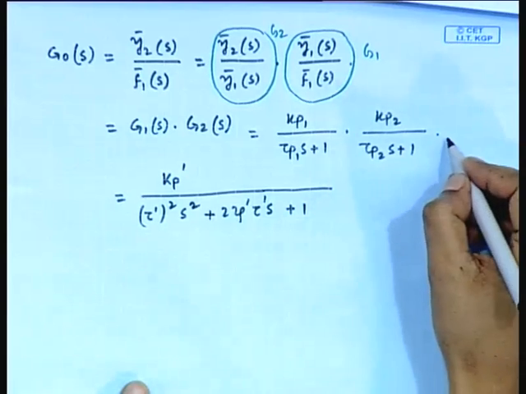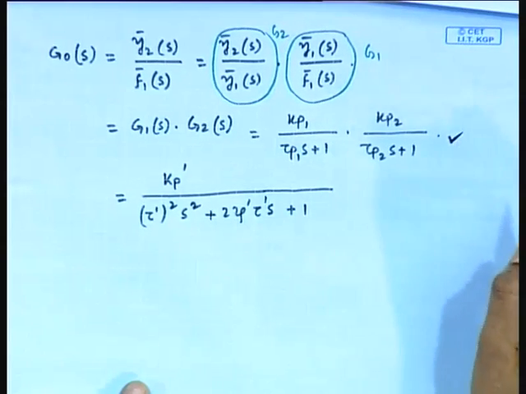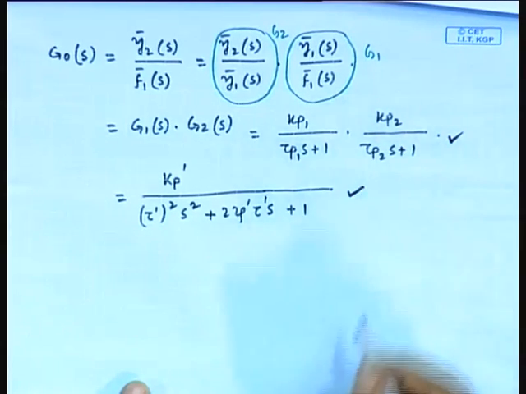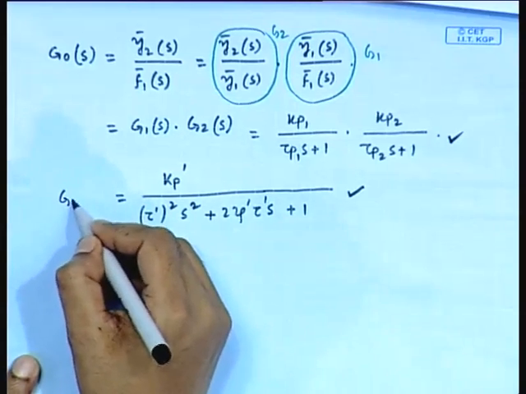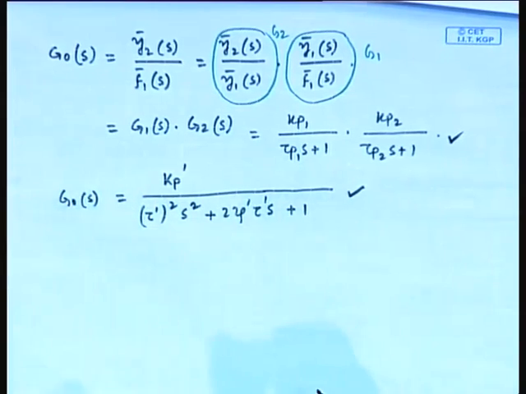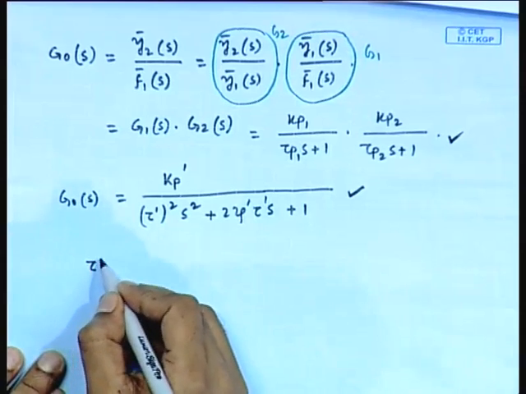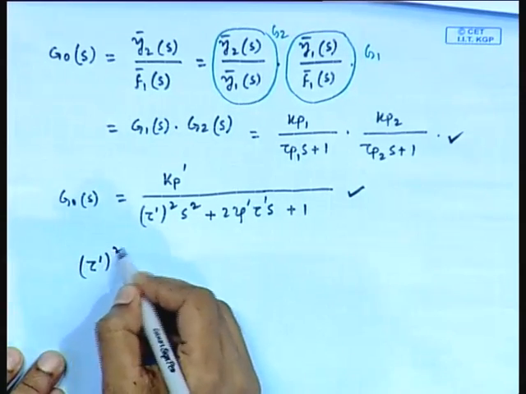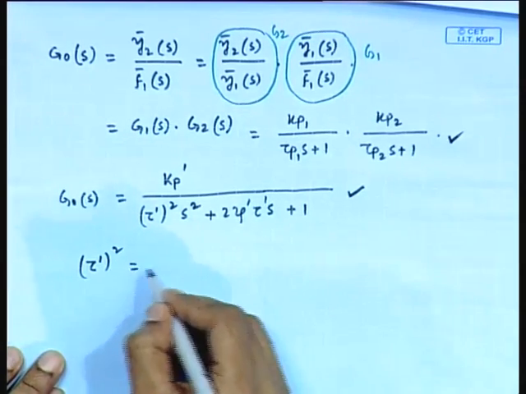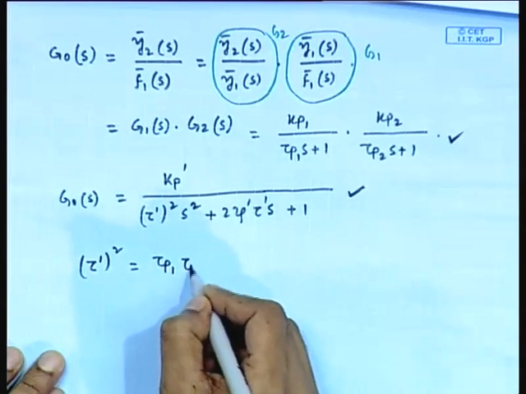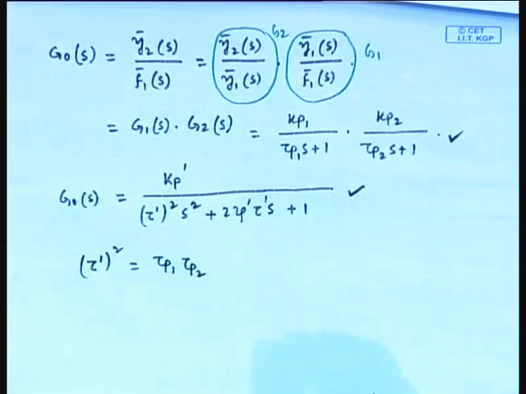We can write this equation in this form: G naught(s) equals Kp prime divided by tau prime squared s squared plus 2 zeta prime tau prime s plus 1, where tau prime squared equals tau p1 tau p2.